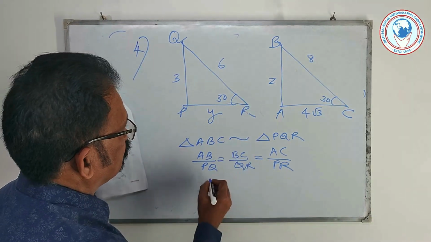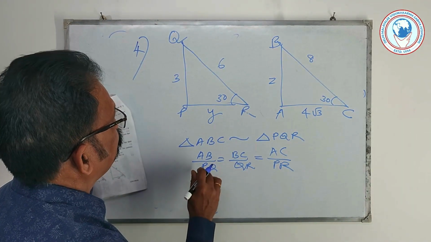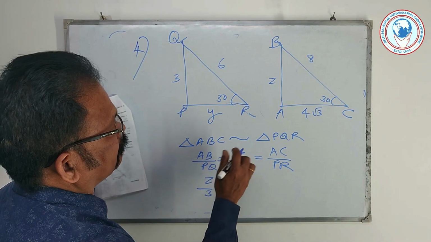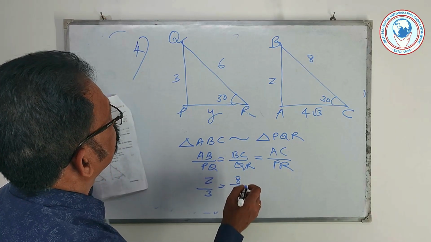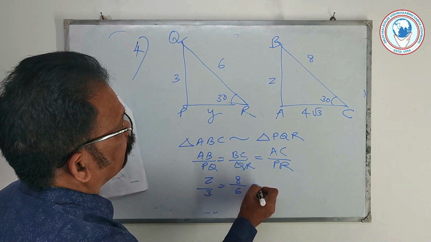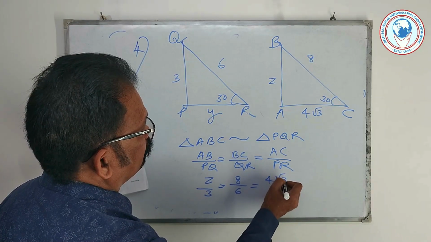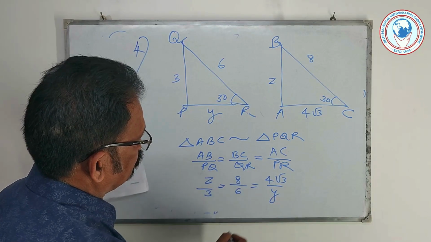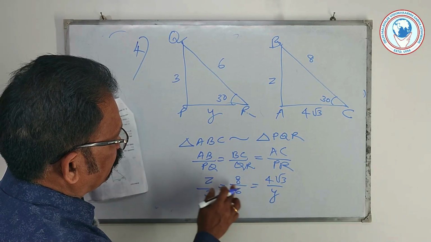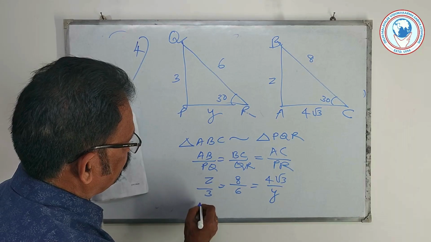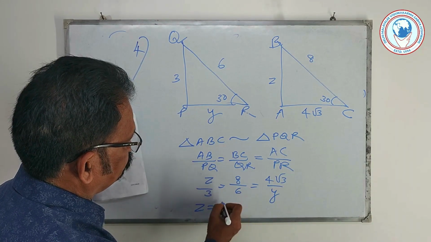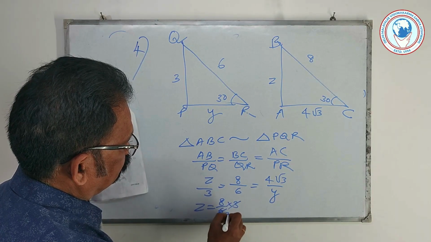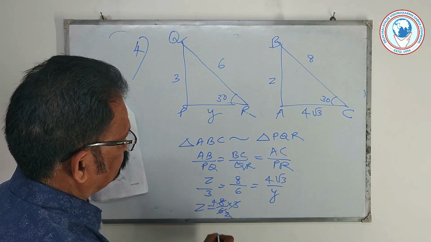AB by PQ, BC by QR, equal to AC, 4 root 3, divided by PR, y. If we take the first and second, we get z is equal to 8 by 6 into 3, that is 4.